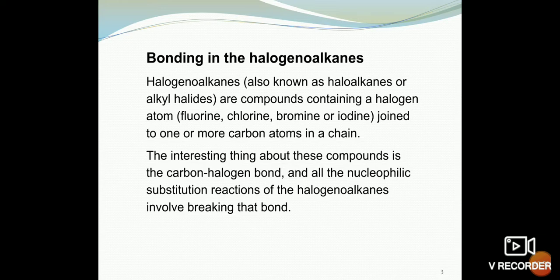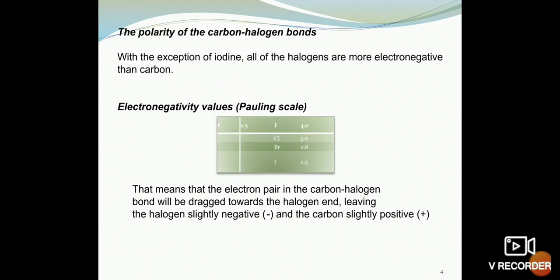The interesting thing about these compounds is the carbon-halogen bond, and all the nucleophilic substitution reactions of halogenoalkanes involve breaking that bond. So, in such compounds, the halogen carbon bond is being cleaved or broken to get a substituted product.